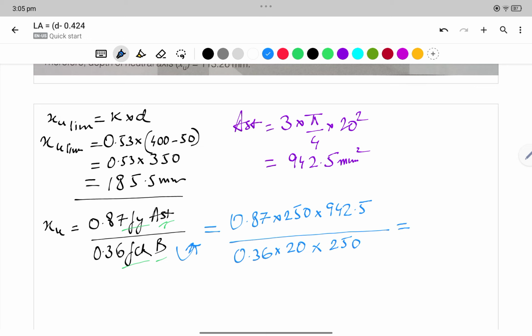So we will calculate it. We are getting it as 113.26 mm.